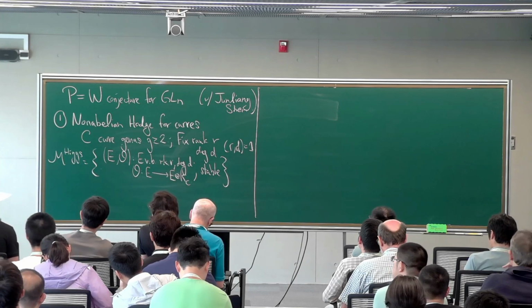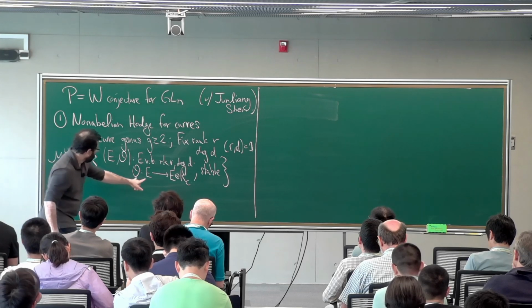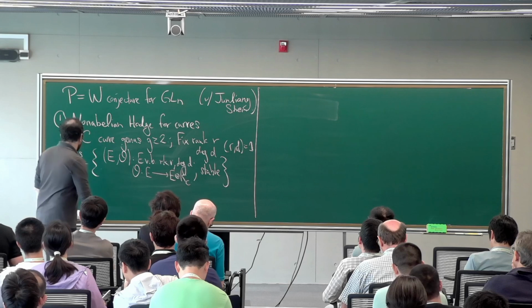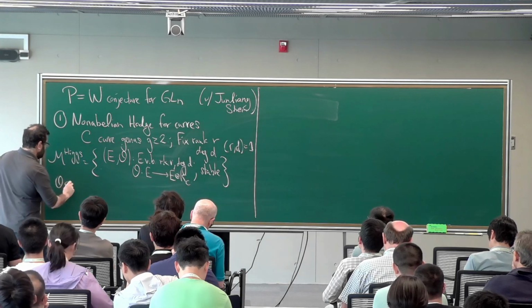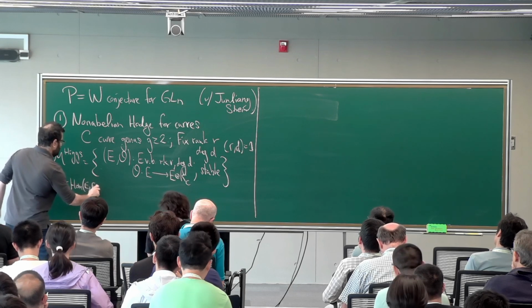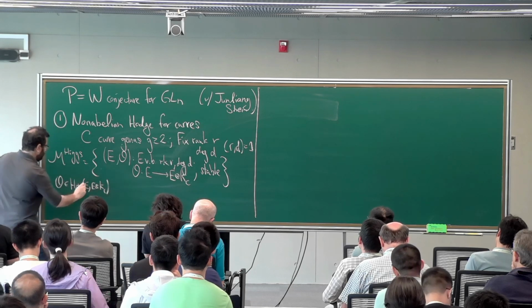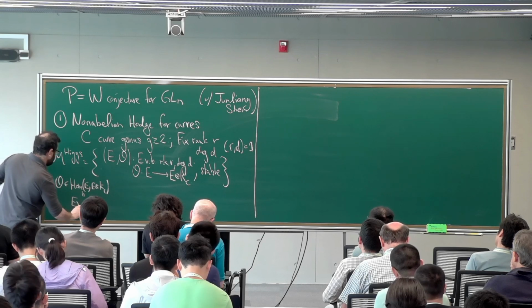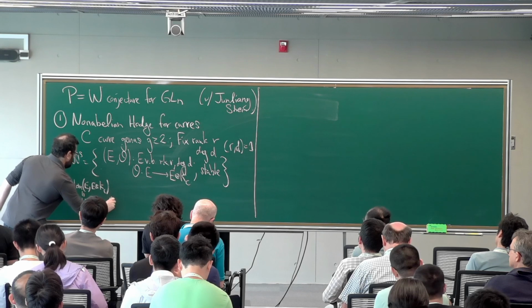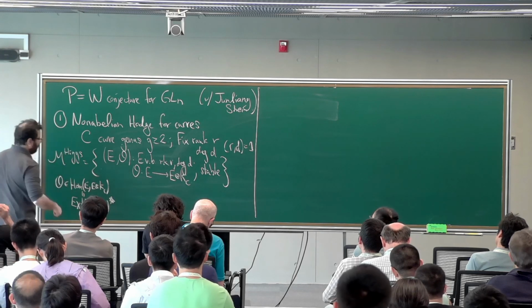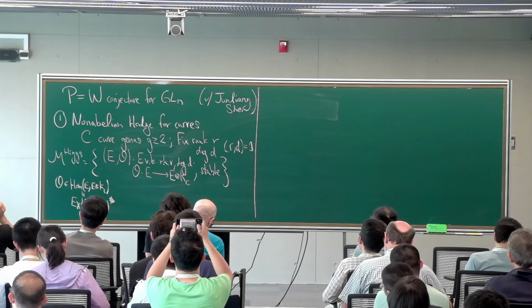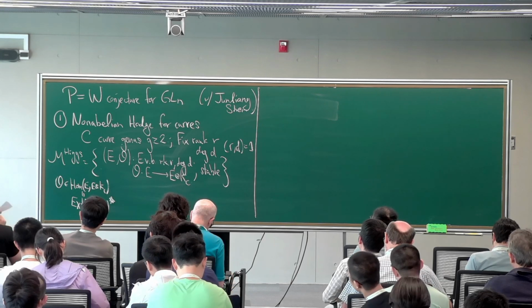The way to think about this Higgs field is that theta is an element of Hom from E to E tensor K. And then by Serre duality, you can think of this Hom as dual to Ext^1 of E comma E. And this Ext^1 is the tangent space at E to the moduli space of vector bundles on a curve.